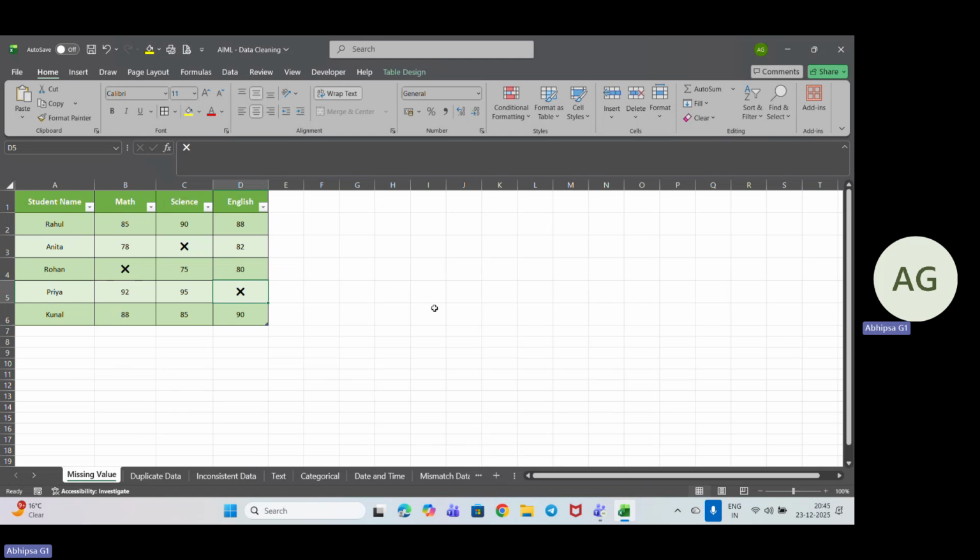If a query comes up that I want to get the marks of Rohan, there would be no marks. Whatever answer we get should not be wrong, and we should get a fair answer to it. If that is empty, we won't be getting any output for it.